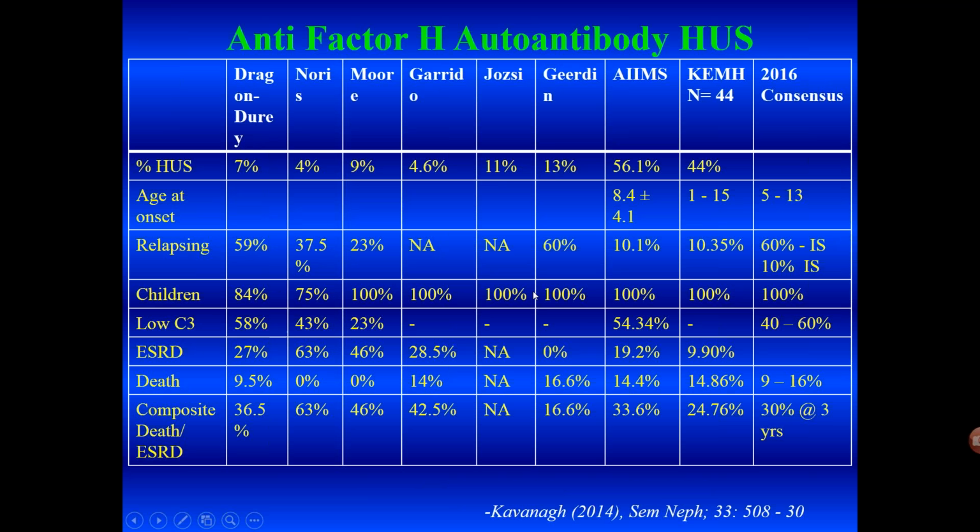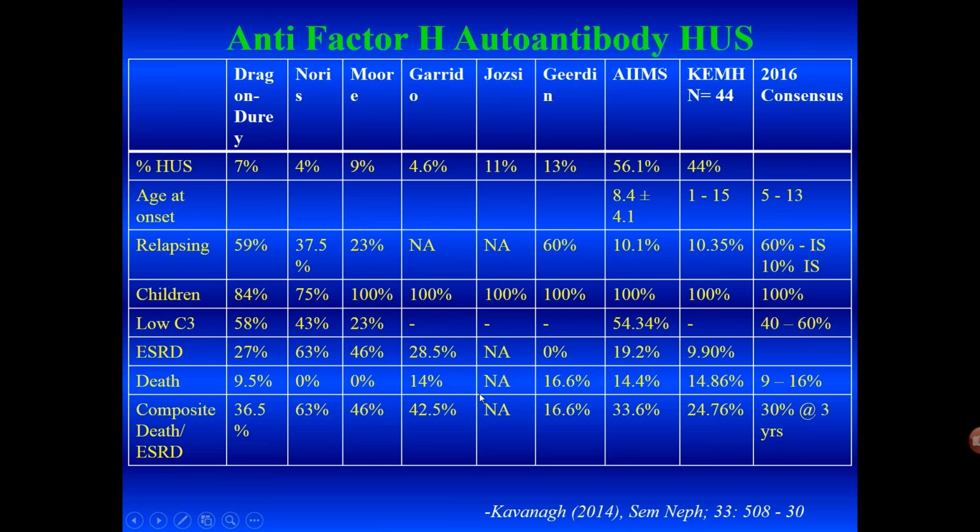This is what I looked at, a number of studies of anti-factor H antibodies. The AIIMS study is there, our own KEM data is there. What you find is it's a disease mainly of children. It's a relapsing course in most situations. When you look at the percentage, in the Western studies it's small, and in Indian studies it's much larger. The age at onset in the AIIMS study was about 8 years, as opposed to the genetic disorders which generally present in less than 3 years of age.